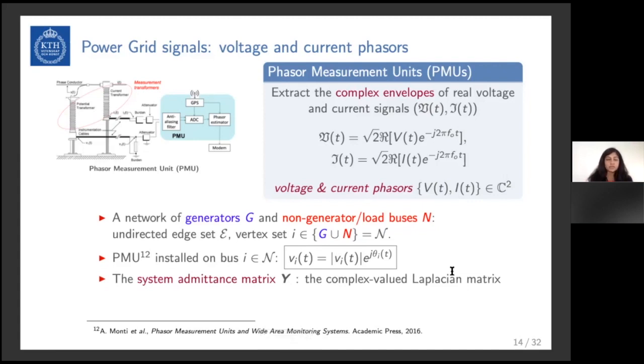And associated with this entire network is a complex valued Laplacian matrix. In this case, it turns out to be the system admittance matrix, which is denoted by Y most commonly in the power systems literature. And to deduce the GSP model, we are just recasting Ohm's law for this transmission line network.